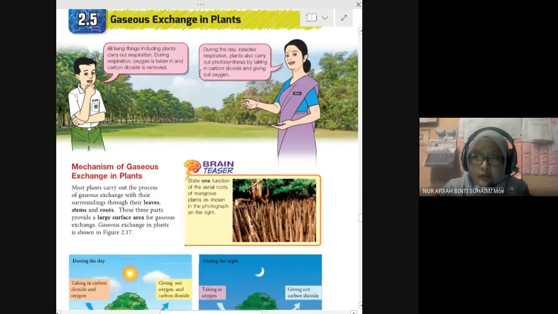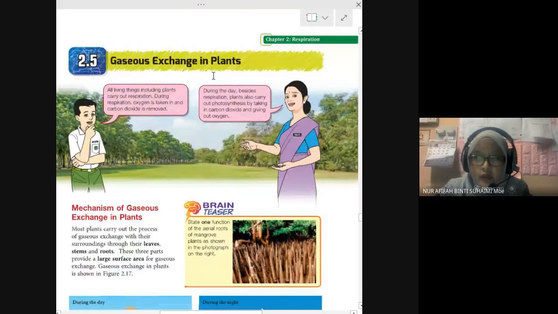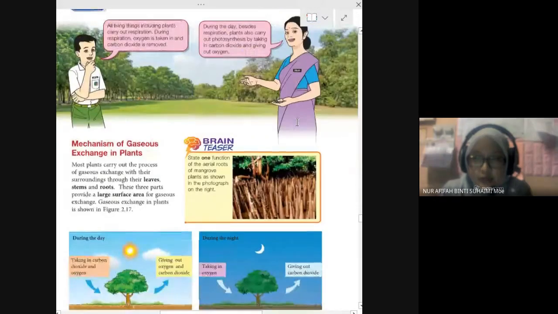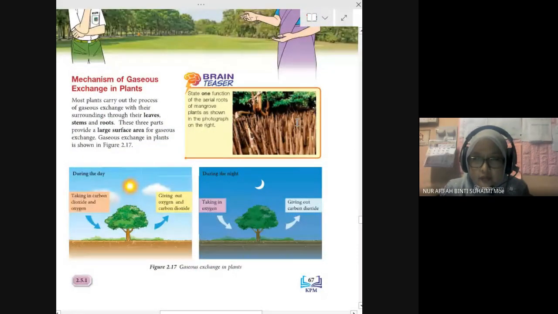Okay. 2.5 gases exchange in plants. So in plants, plants also carry out respiration. Even though the plant doesn't have a nose or lungs, the plant carries out the respiration process through their cell, plant cell.